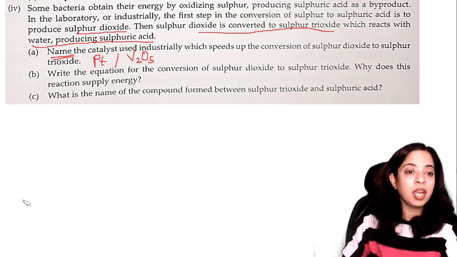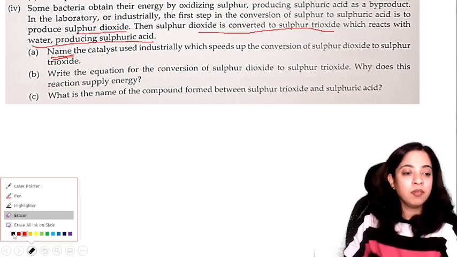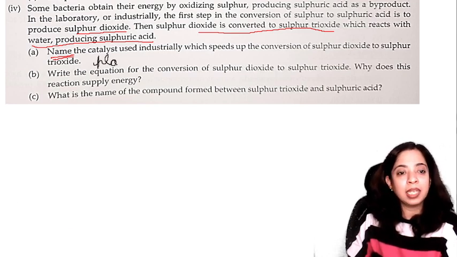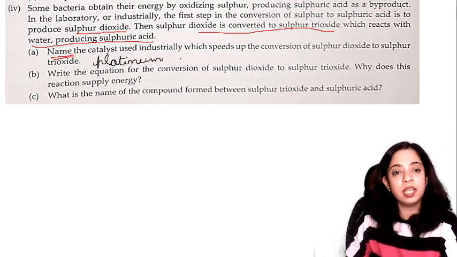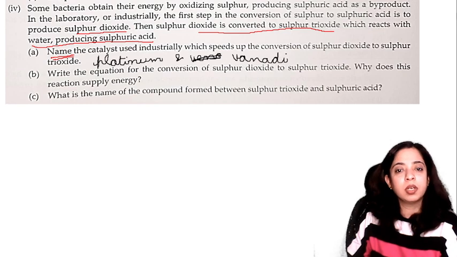You cannot be writing the formula. You will not get marks. Even if you are correct, you will not get marks. So you have to say platinum and you have to say vanadium pentaoxide. Clear?